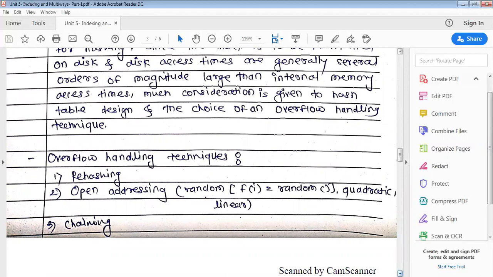Rehashing means that if the memory allocated for a database is not sufficient, we use the rehashing technique to renew that memory allocation. Open addressing uses a random function, where memory is allocated at runtime.